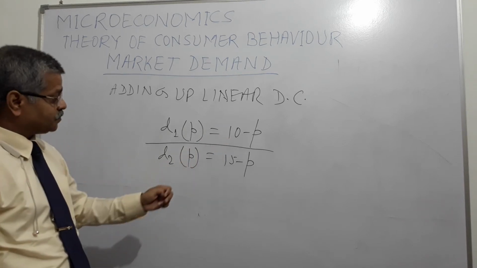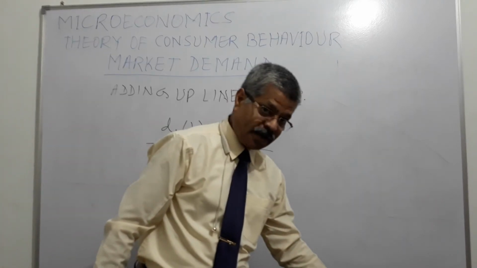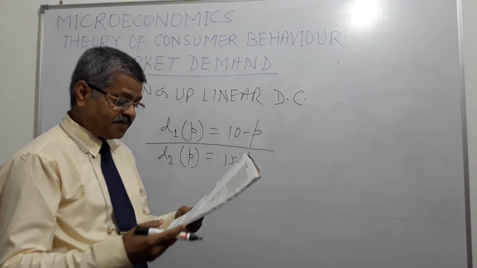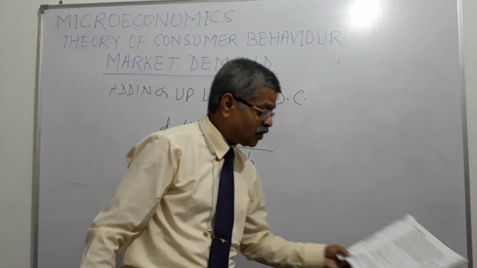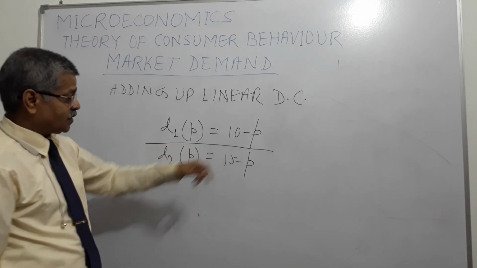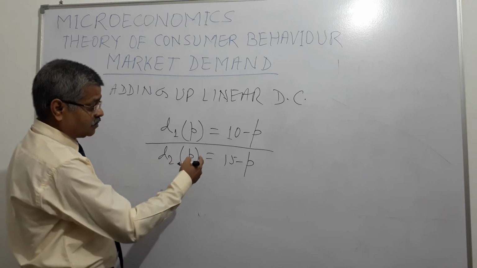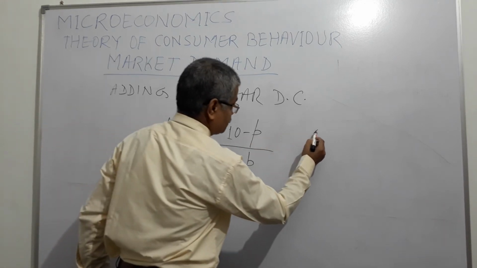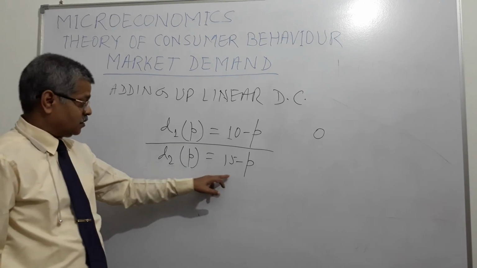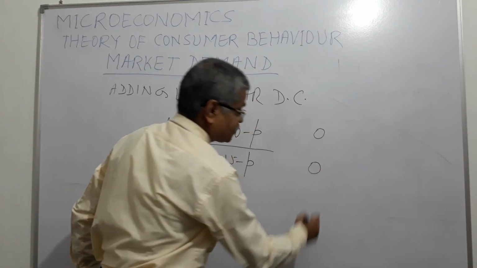At any price greater than 10, consumer 1 demands 0 units. If the price is more than 15, consumer number 2 demands 0 units.